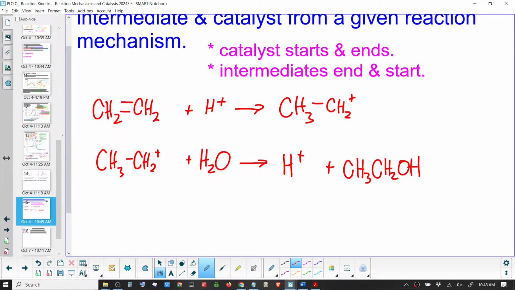This is a vitally important reaction across industry. So, there's the reaction mechanism. It takes place in 2 steps.